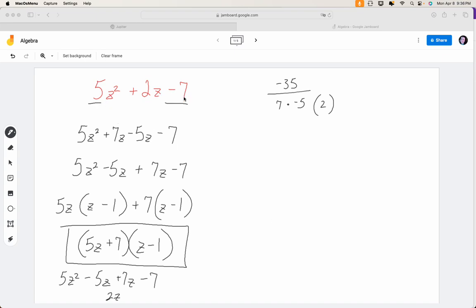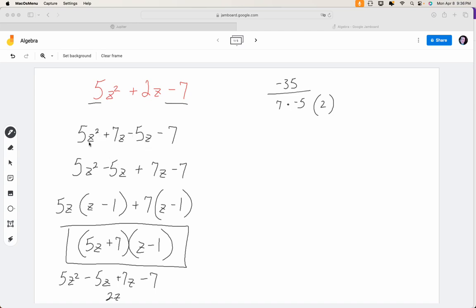I'm going to take the 5 and the negative 7. I multiply to get negative 35. And the factors that I can multiply to get negative 35 that will give me a positive 2 are 7 and negative 5. So I put those in here.